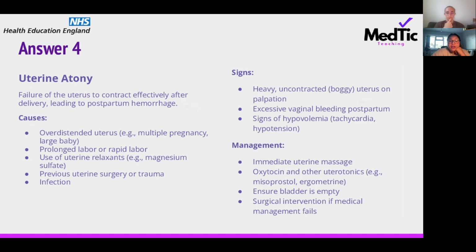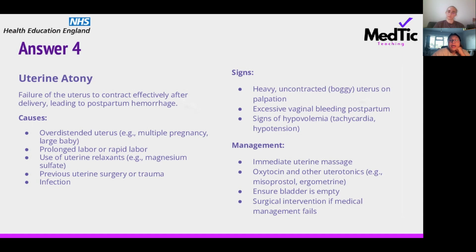Typically you hear of a heavy, boggy uterus on palpation, which often indicates that the uterus still hasn't contracted, with loads of bleeding and potentially accompanying hypovolemia, so hypotension and tachycardia from mum.